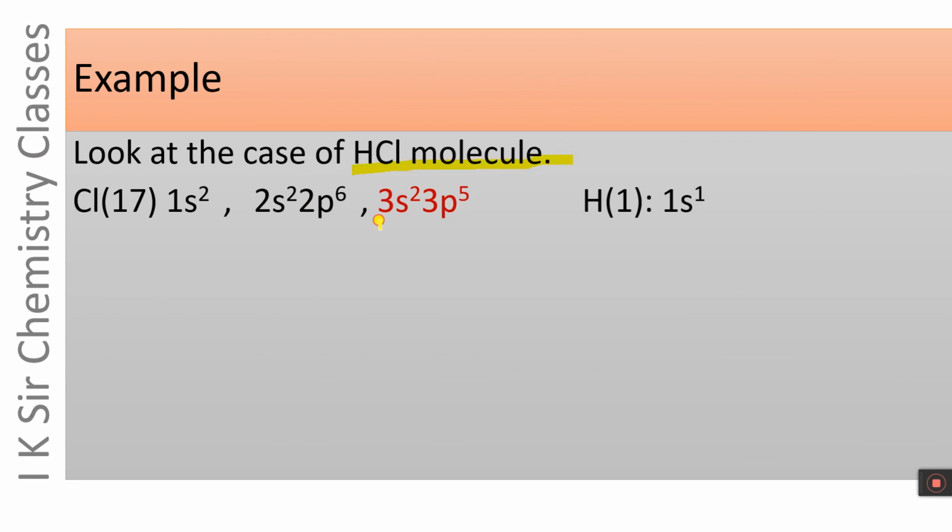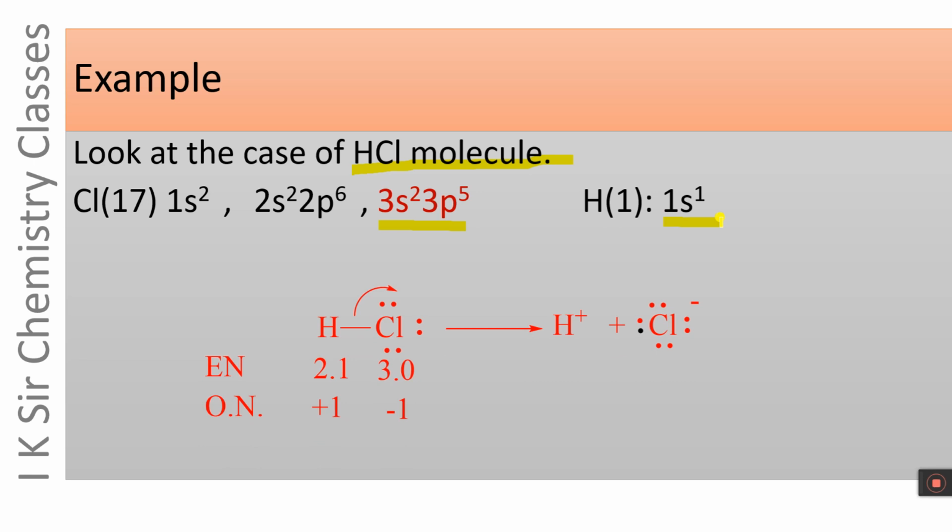Chlorine has 7 valence electrons while hydrogen has 1 valence electron. In HCl molecule, the electronegativity of hydrogen is 2.1 while that of chlorine is 3. It means Cl is more electronegative than hydrogen atom.